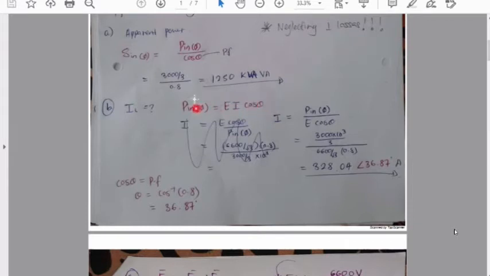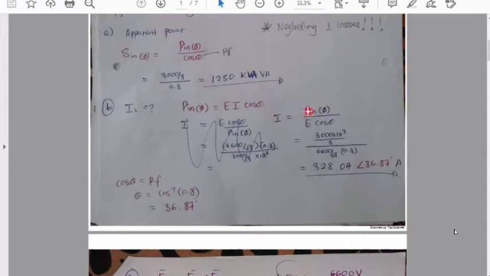Do we have P in? Yes. Do we have E? Yes, it's given to us. Do we have cos of theta? Yep. Do we have the current? No, that's what we're looking for. So it's just one straightforward formula. You make I the subject of the formula, and this is what your equation will look like.